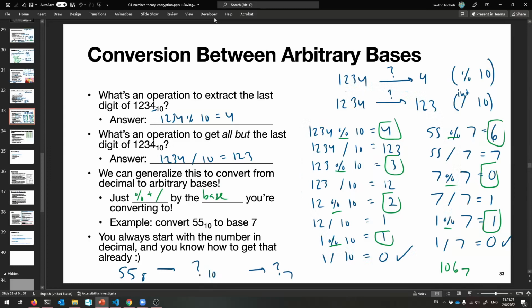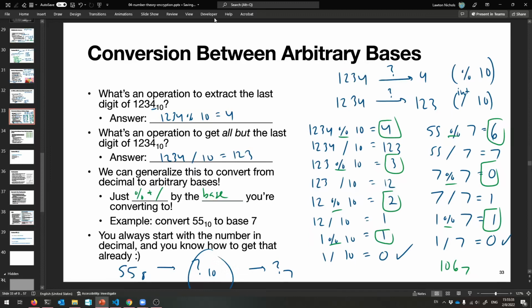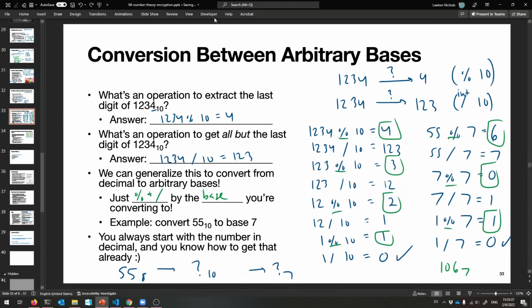That was the previous slide, okay? So always start this process with the number in decimal, because you only know how to do decimal arithmetic. So now you can convert between arbitrary bases, potentially having to go between them using decimal. Okay? So that's how you convert between any base that you want. Hopefully that makes enough sense.